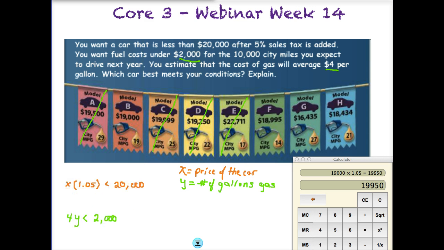So say I move this down. In this top equation, had I solved for x, so say I had divided both sides by the 1.05, and I divided 20,000 by 1.05, because x is our price, right? x is the price of the car.